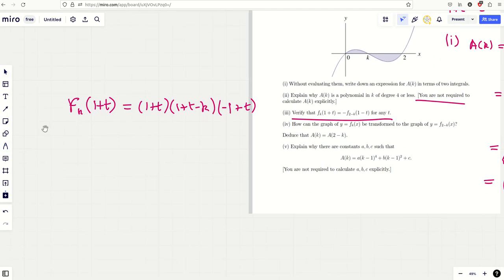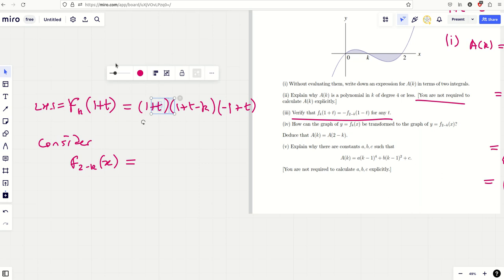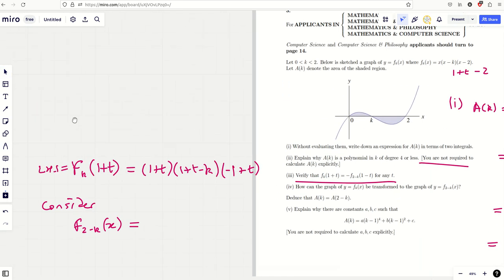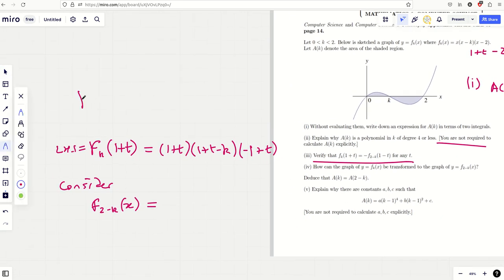Now let's try and work out gradually the right hand side. Let's just point out that's the left hand side. The right hand side: to work that out, let's consider f of 2 minus k of x first. Let's write down our original function, f k of x, so I can see it. f k of x is x minus k, x minus 2.